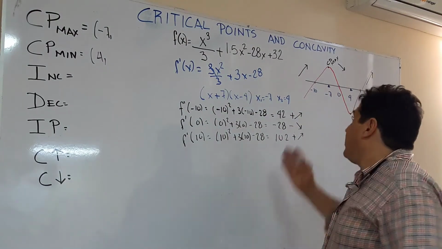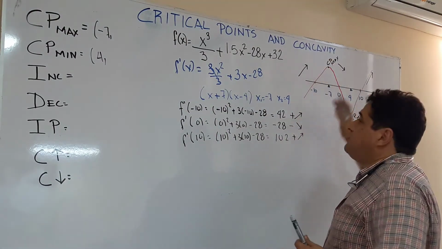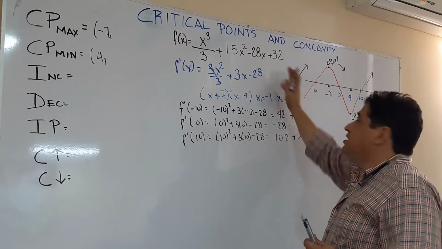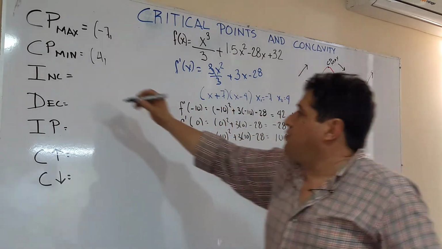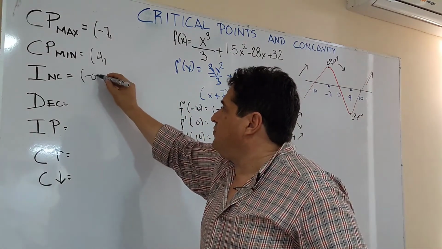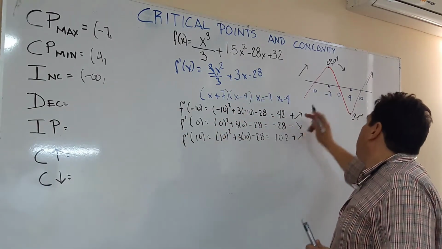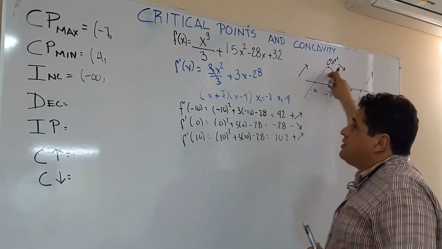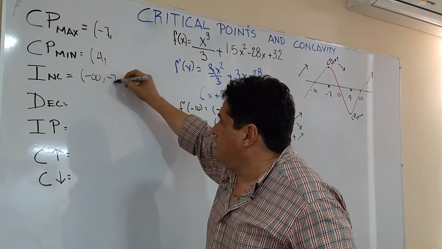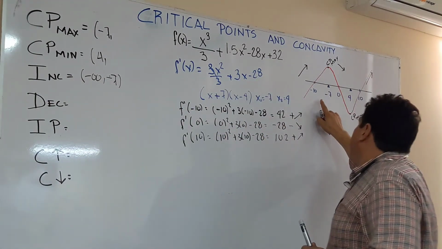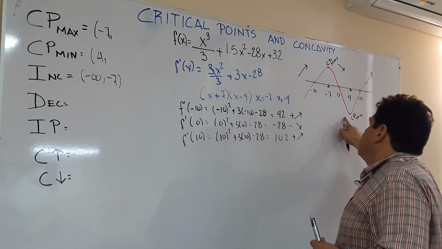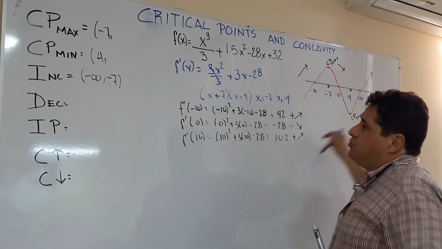And what else can I get now? I can get also my increasing and decreasing. So I'm going to start with minus infinity. It's going to be increasing. So I'm going to go minus infinity, and it's going to go all the way up to my critical point, which is minus 7. Then it's decreasing, so it's going to go from my critical point to my critical point.